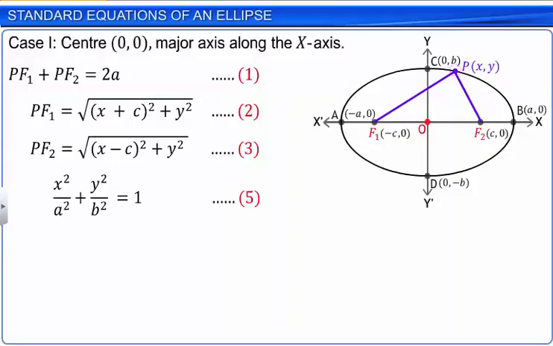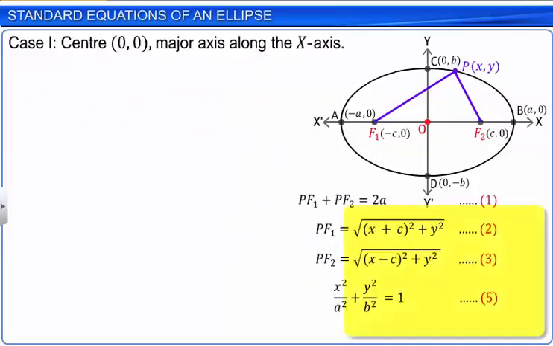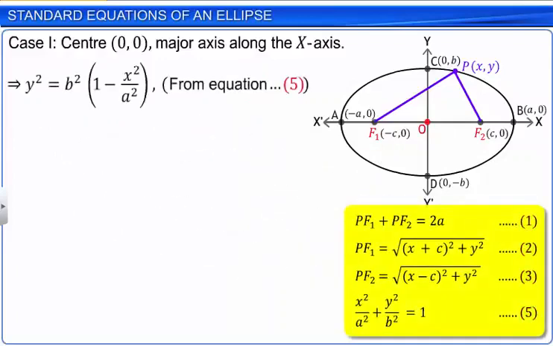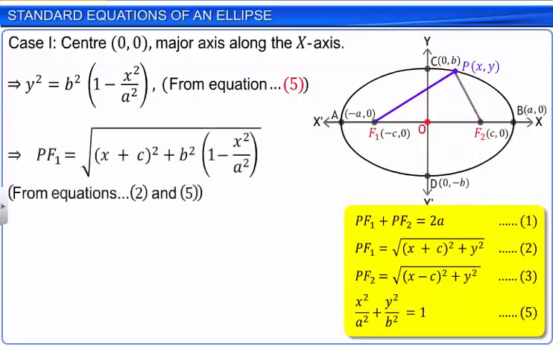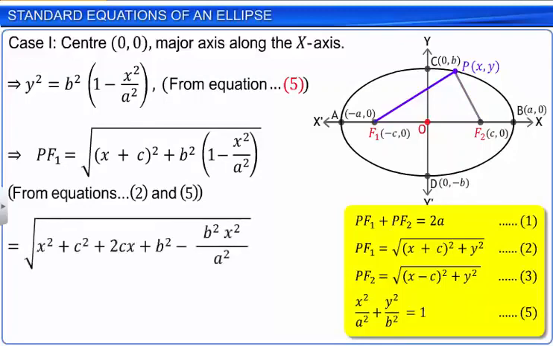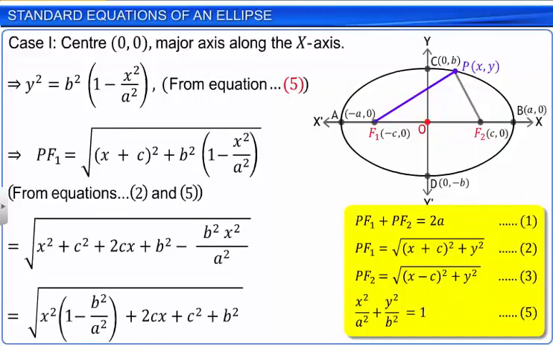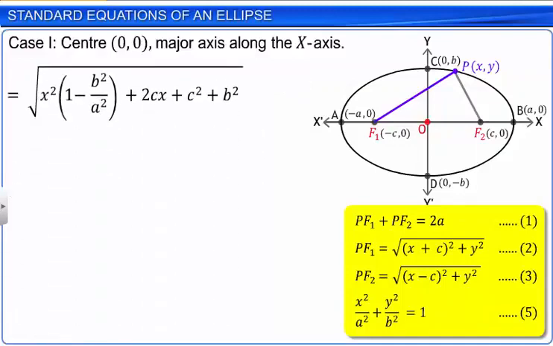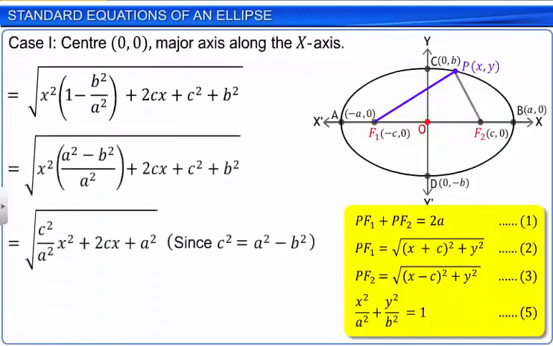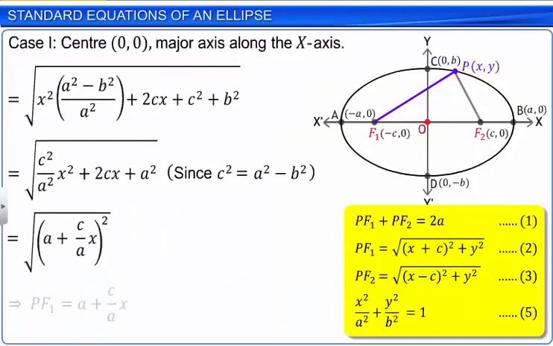From equation 5, we get y square is equal to b square into (1 minus x square upon a square). Substituting the value of y square from equation 5 in equation 2 and simplifying, we get PF1 is equal to (a plus c upon a) into x.